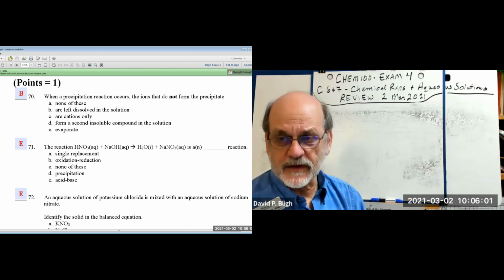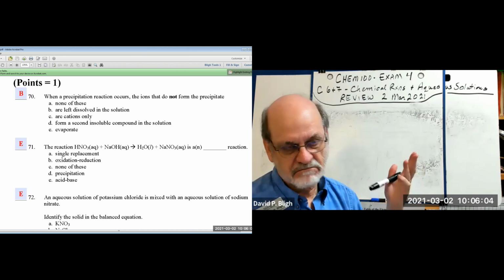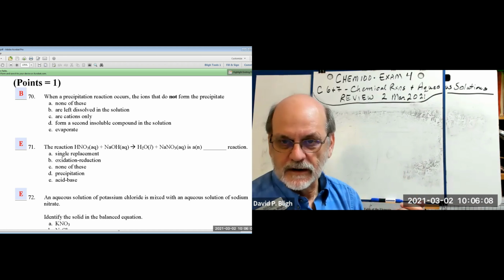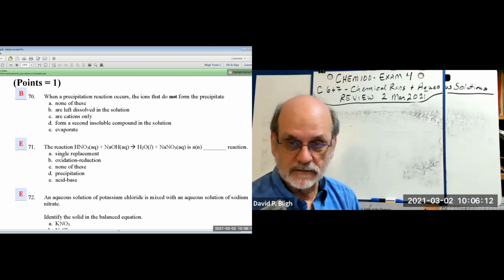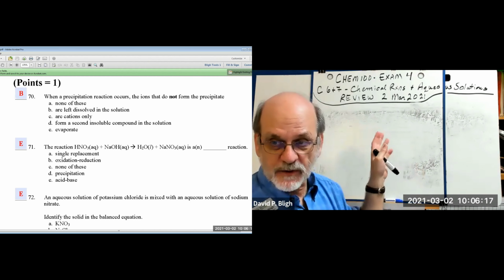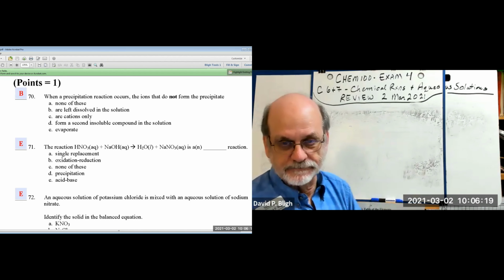If you dissolve something that's not ionic, like glucose or sucrose or some sugar like that, it won't break apart. So in solution, it's still a molecule. But for this double replacement reaction, we're talking about ions.